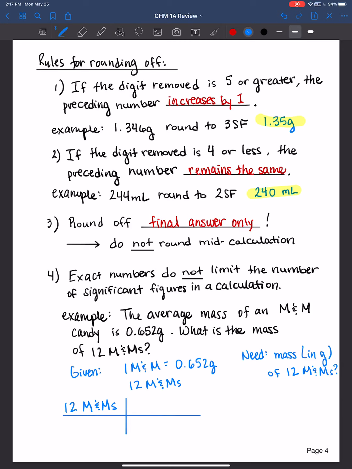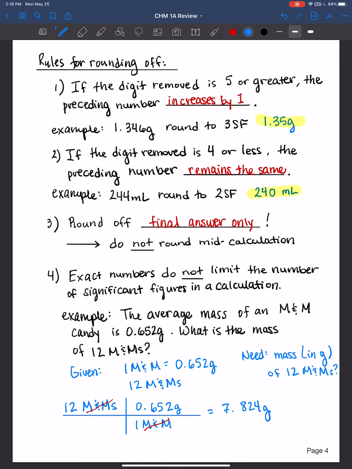And then each of these M&Ms is equal to 0.652 grams. The beauty of dimensional analysis is that you can cancel out units, which is awesome. Your calculator would give you the number 7.824 grams.